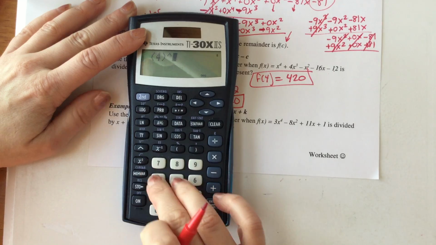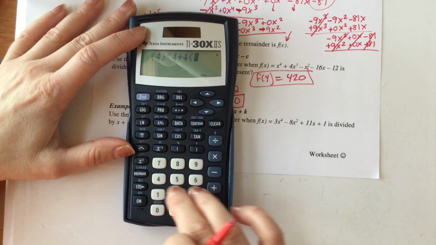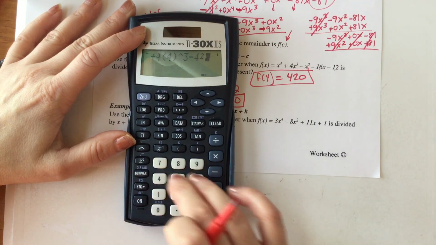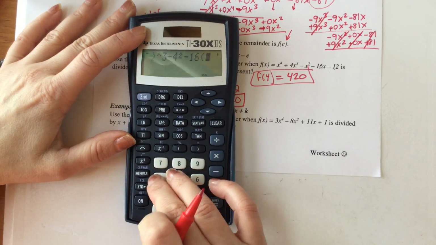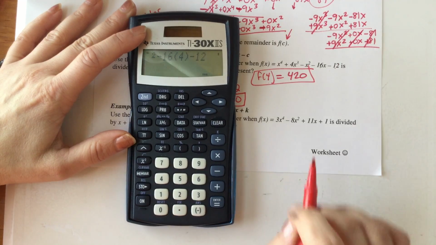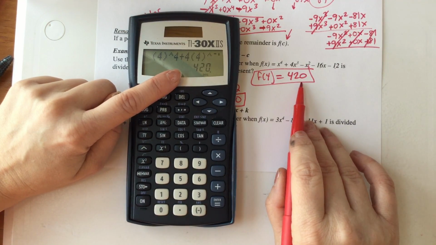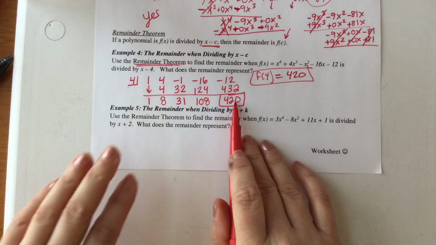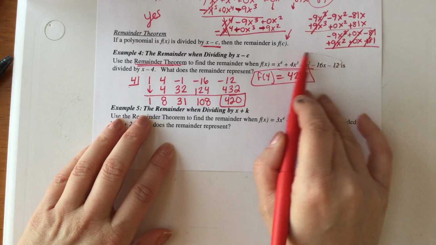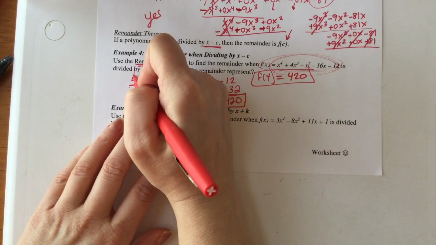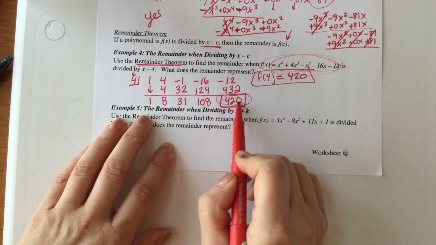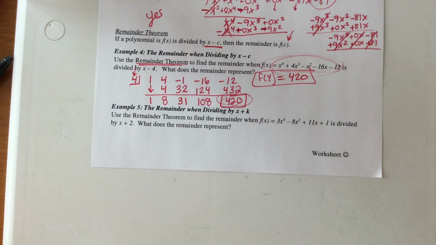So it's 4 to the power of 4 plus 4 times 4 to the power of 3 minus 4 squared minus 16 times 4 minus 12. We get 420. So when you're doing synthetic division, the remainder tells you if you took the original function and replaced all of the x's with that number, what the solution would be. So cool.